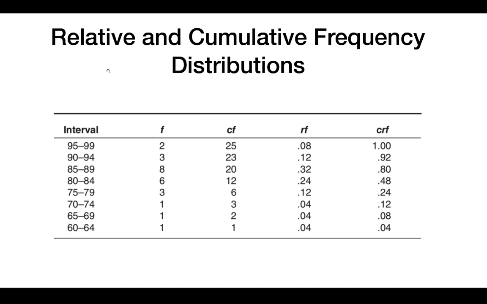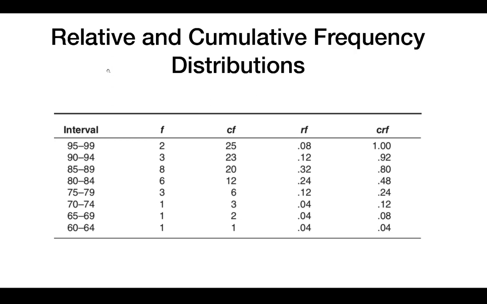In the example, we refer to the frequency column, to the particular class interval we are referring to, and then we divide by the total number of scores, which is 25 in this case, and we would also be getting the relative frequency.